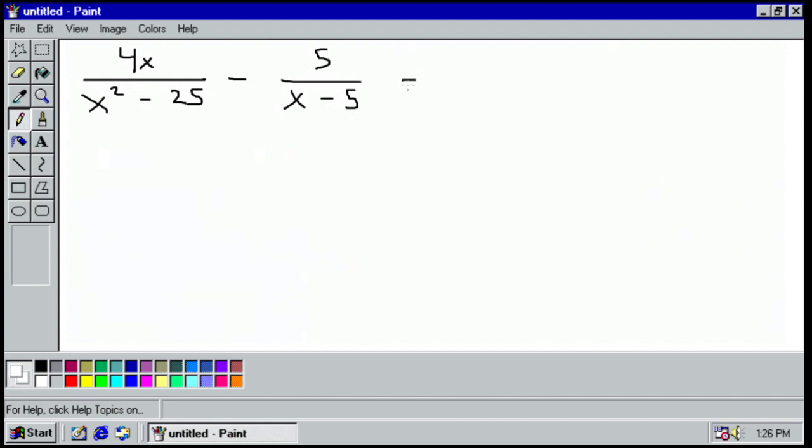So first, we can factor the denominator of the first fraction, which is what we call the difference of two squares. I have a video that I will link in the description. So this will be x minus 5 and x plus 5. Why so?